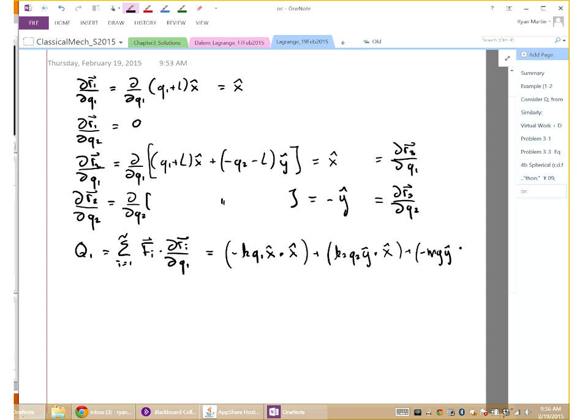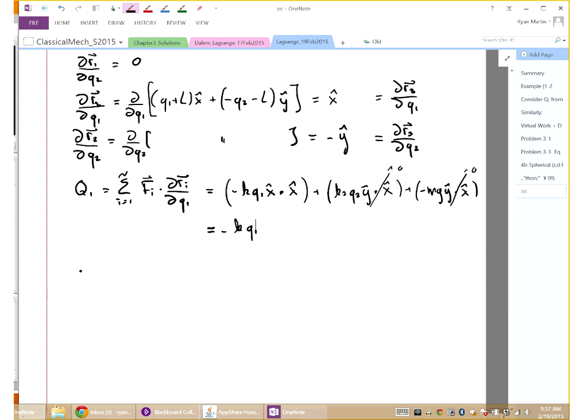F3 was minus mg y hat. And that's again dotted with ∂R3/∂Q1. And that's again equal to x hat. So ultimately, for the generalized force in the Q1 direction, the last 2 terms are 0. And so that's equal to minus KQ1.